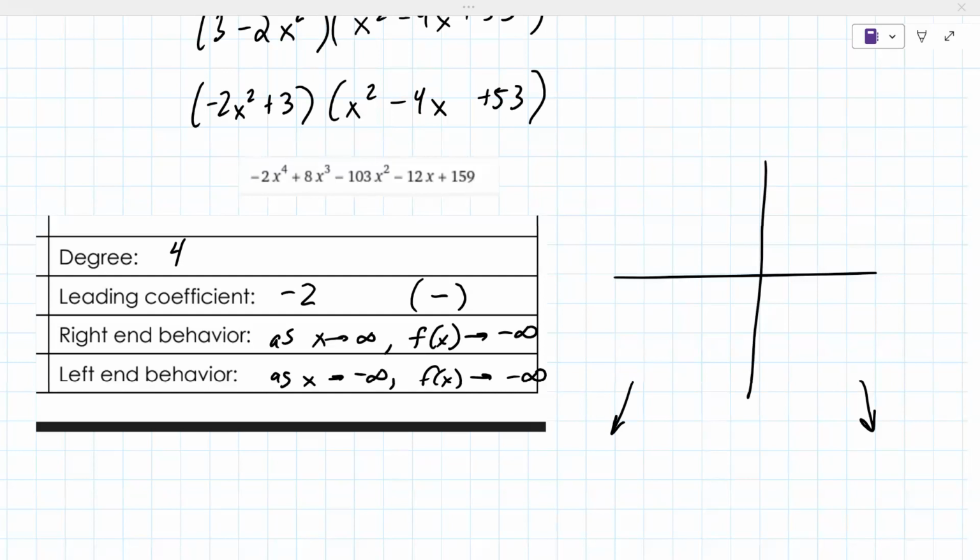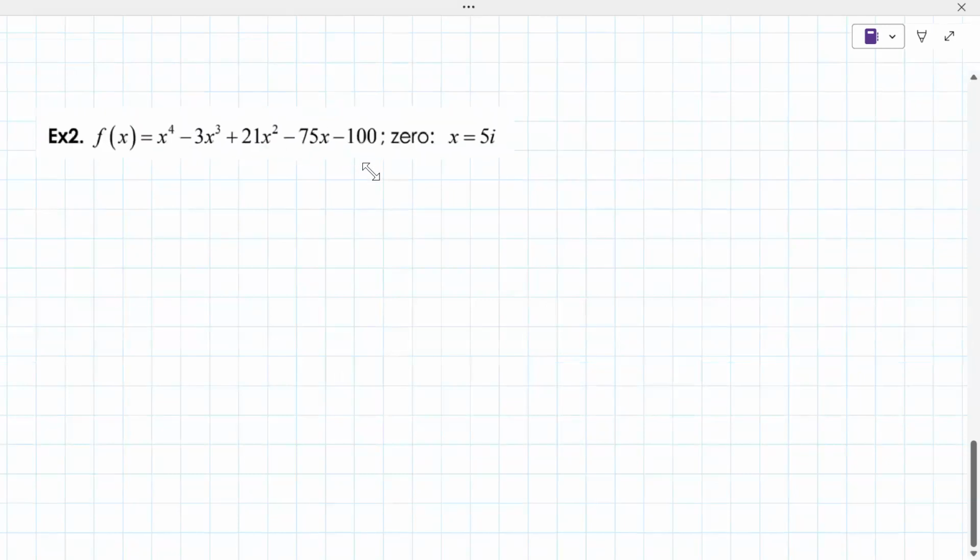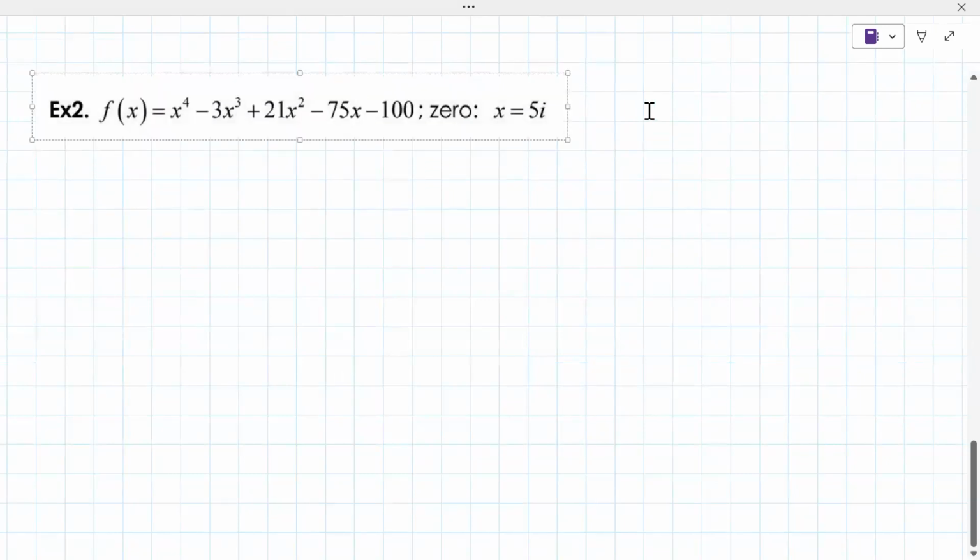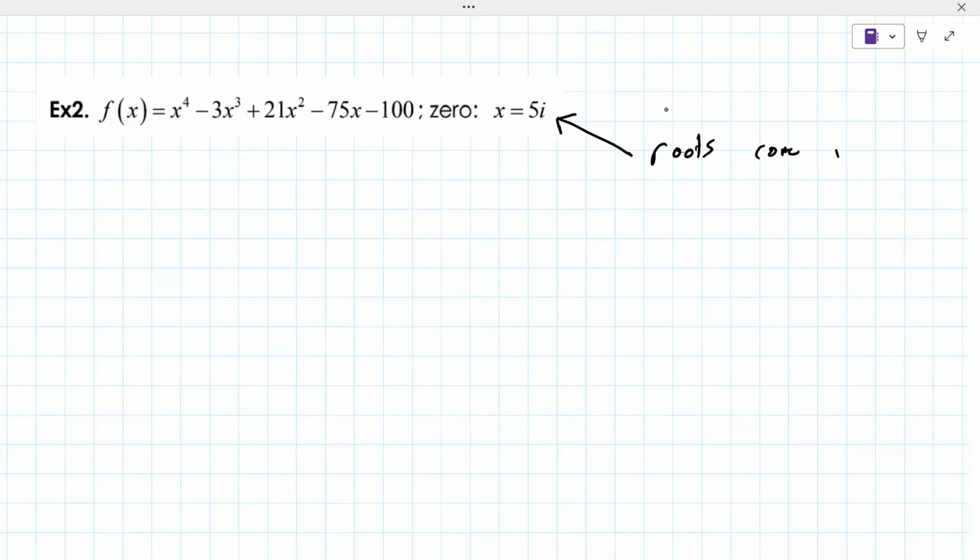So this is going the other direction, and we can certainly do these. Yeah, I mean, this is sort of awful. But this is your class. They want you to be able to do these. I mean, nobody does these by hand ever, but okay, so the first thing you have to remember, or your teacher will tell you, is that the roots come in conjugate pairs.